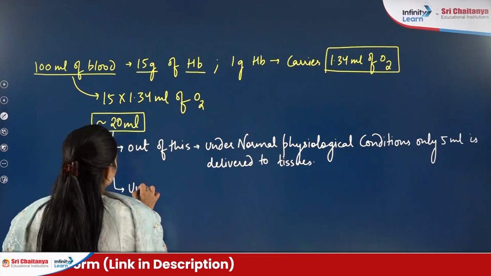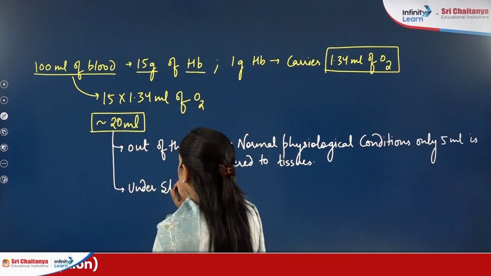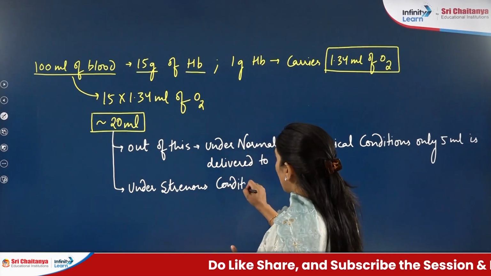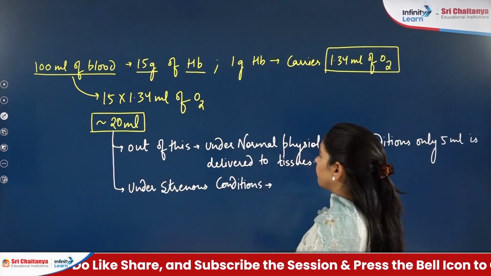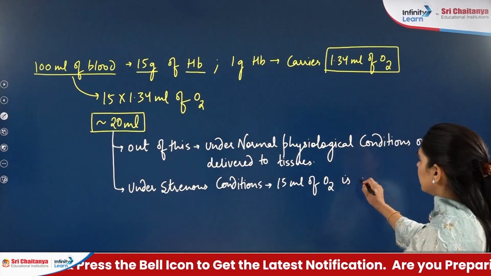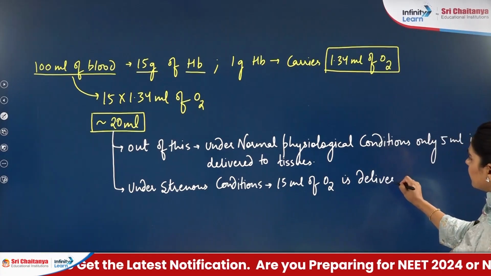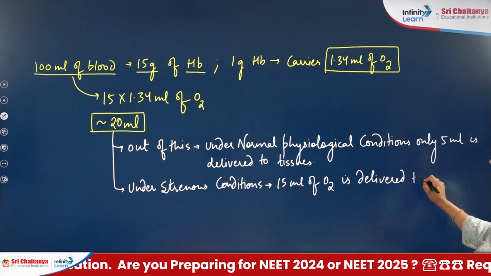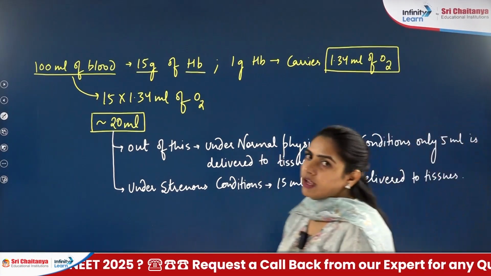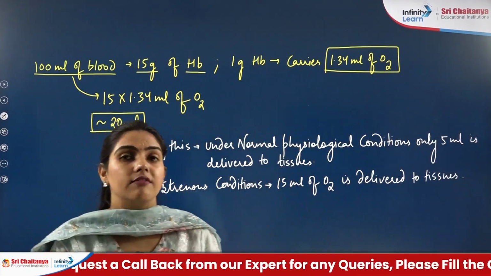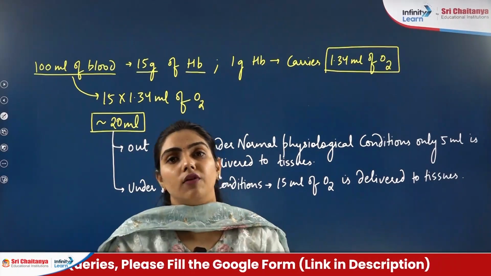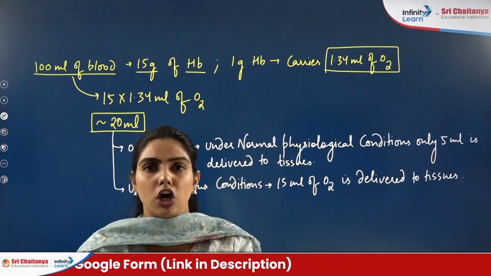Under strenuous conditions, how much ml of oxygen is supplied? 15 ml of oxygen is delivered to tissues. That means 5 ml will be left in the venous blood, in the deoxygenated blood. After the supply of oxygen, the blood will become deoxygenated, right?